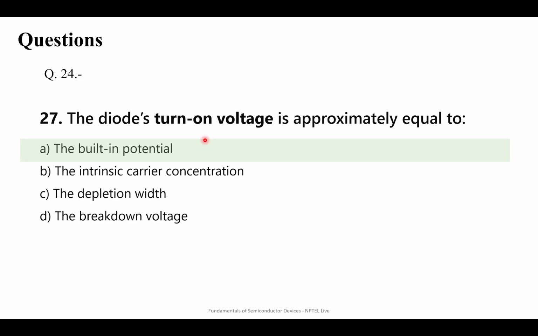Since there is no depletion width, all the carriers that you are injecting go directly to the other end and contribute to the current. And since the carrier injection is exponential, you will see an exponential rise in your current. So this point is called the turn on voltage, and hence the turn on voltage is almost equal to your built-in potential.